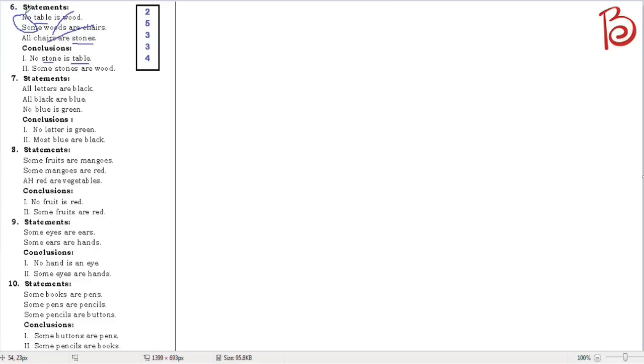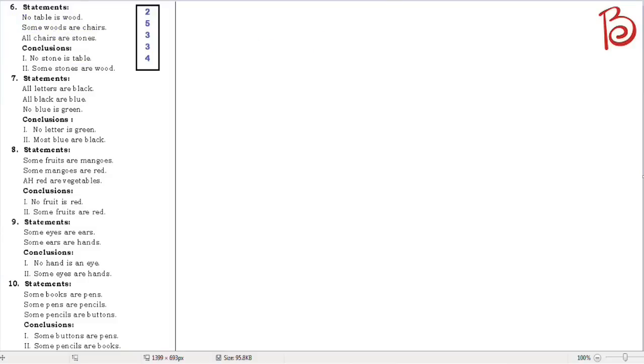Some plus no, sorry, no plus some, that is some not reversed. Some not reversed, that is the formula. And some not reversed plus anything is no conclusion. Okay, so that is the formula, and the first one is wrong.